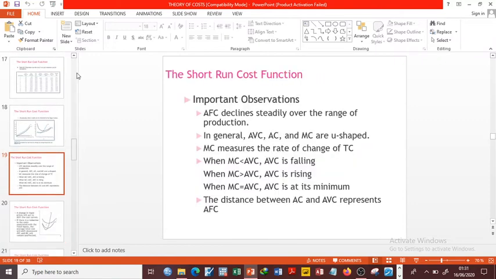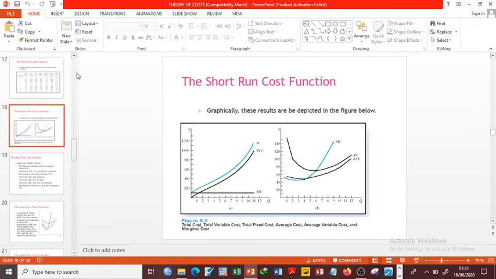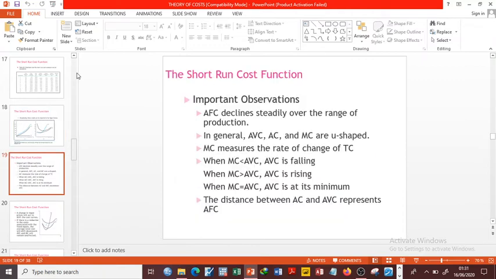Now, important observations as we look at these cost curves. Here we shall observe that average fixed cost declines steadily over the range of production.